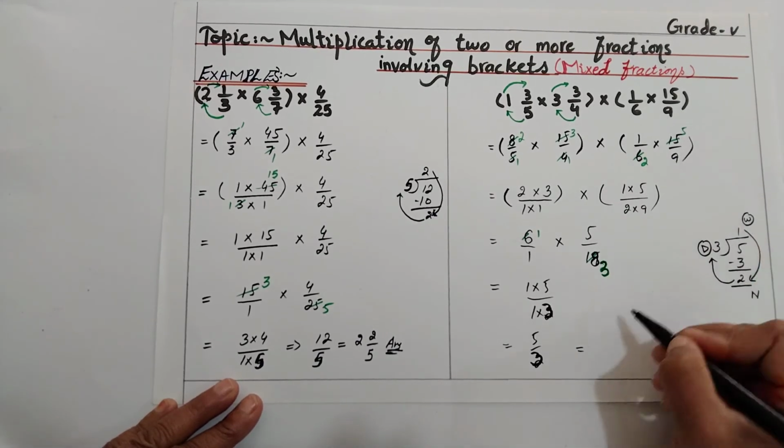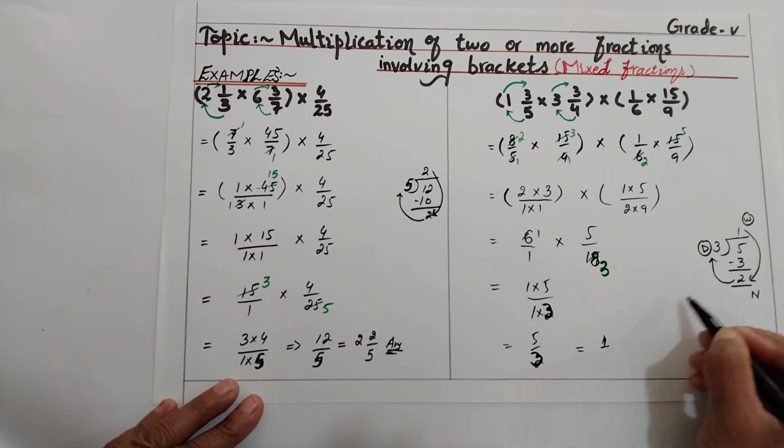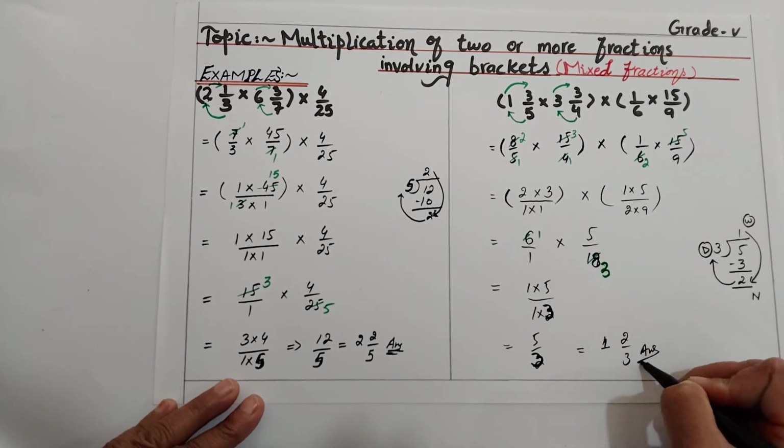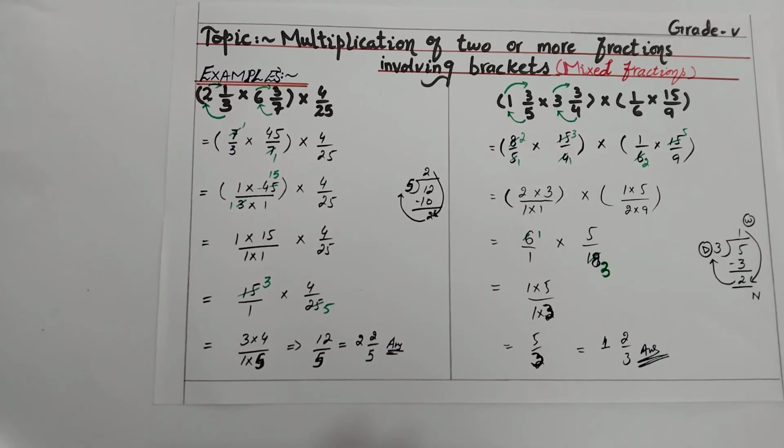So what will be our answer? 1, 2 over 3 is our required answer. Clear? So dear students, this is all about how to simplify the mixed fractions involving brackets. And again, really sorry for these two mistakes.